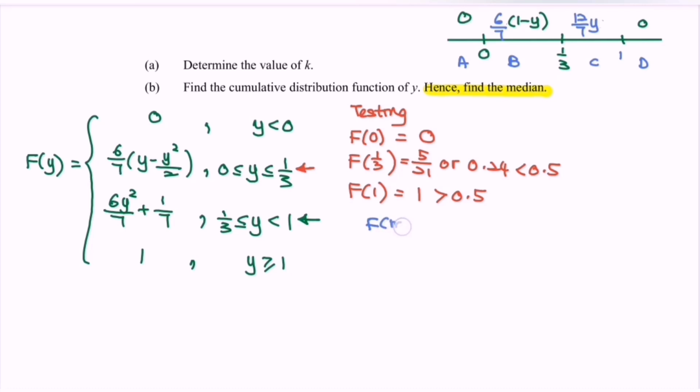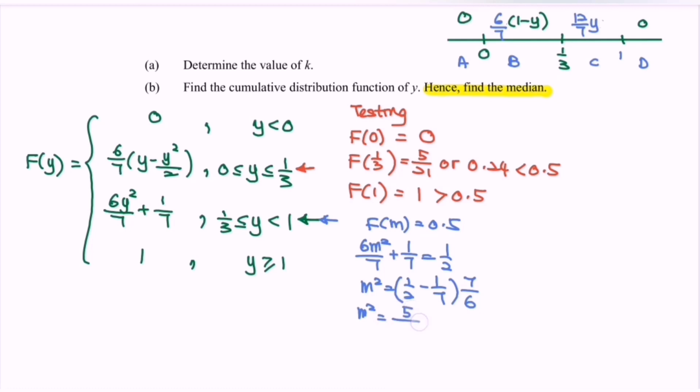So F(m) equals 0.5. I would like to substitute into this part. We have 6m squared over 7 plus 1/7 equals 1/2. Kindly rearrange: m squared equals 1/2 minus 1/7, then multiply by 7/6. So m squared equals 5/12.